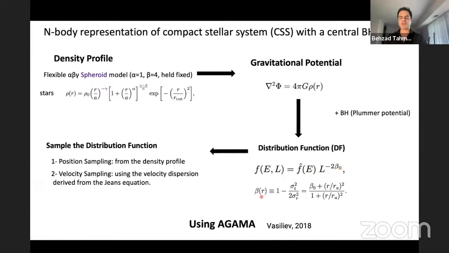The parameter beta here we are flexible to set if we want an isotropic or anisotropic system. After making a distribution function, we sample our n-body mock model from it. The positions are sampled from the density profile, and the velocities are sampled using the velocity dispersion derived from the Jeans equation. Okay, this is the overall process of how we make a mock n-body representation of a compact stellar system.